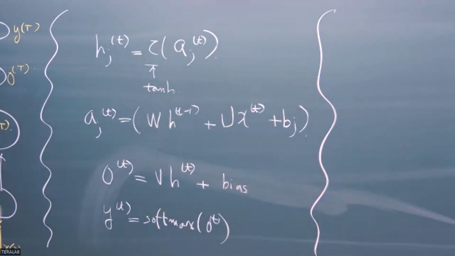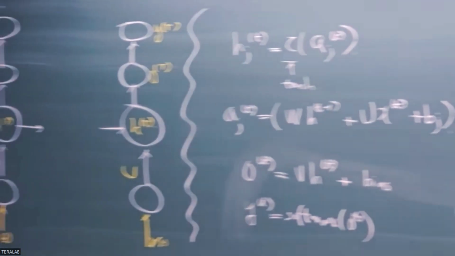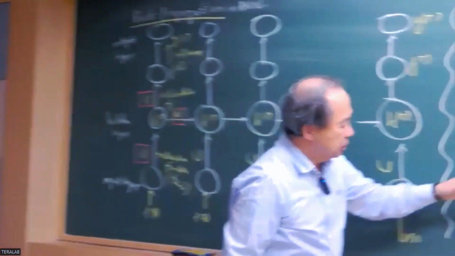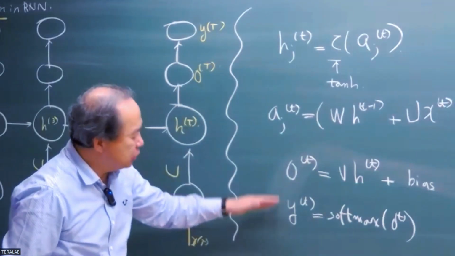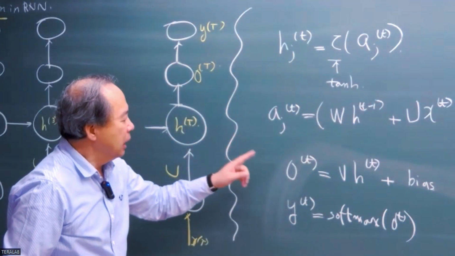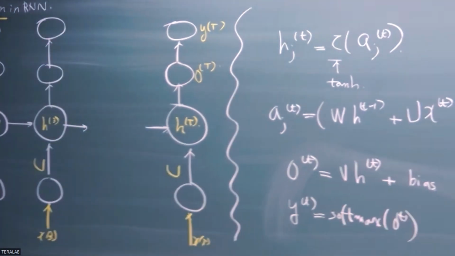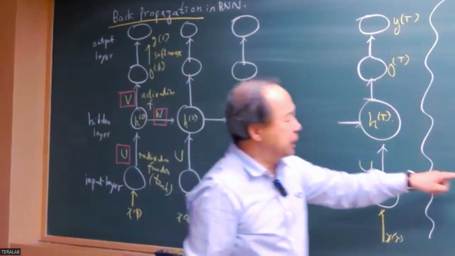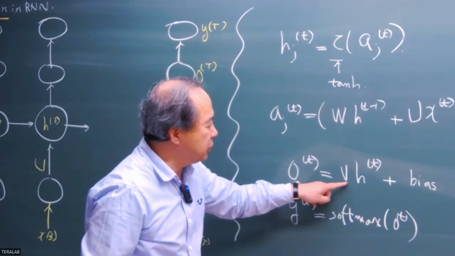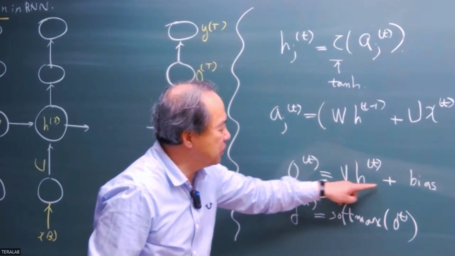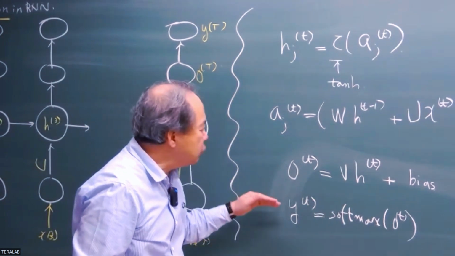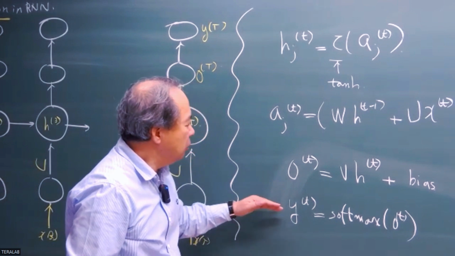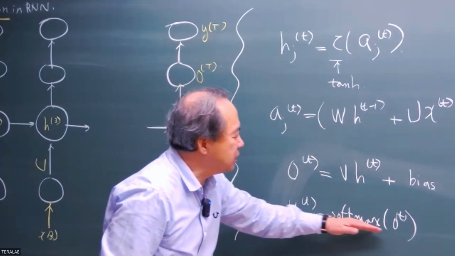Another equation which explains this RNN architecture is shown in these two equations. The intermediate state OT will be obtained by multiplying the matrix V with the hidden state plus bias, and the actual output function will be obtained by softmax of OT.